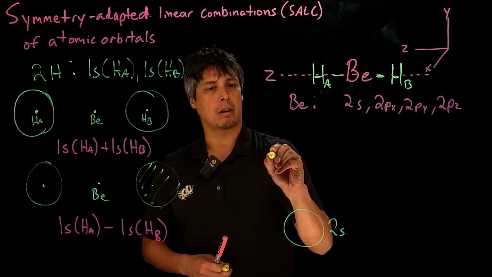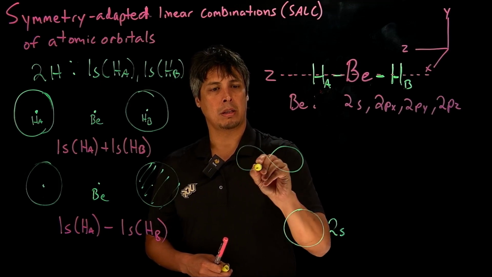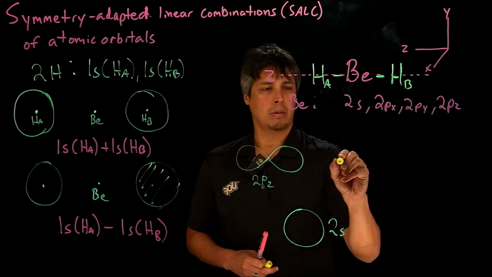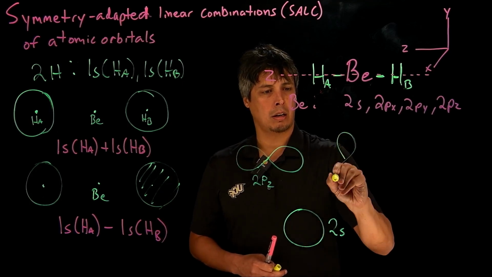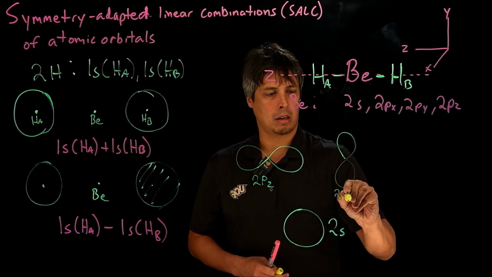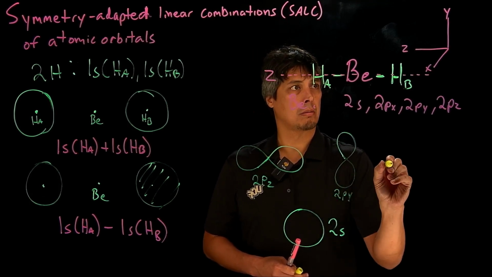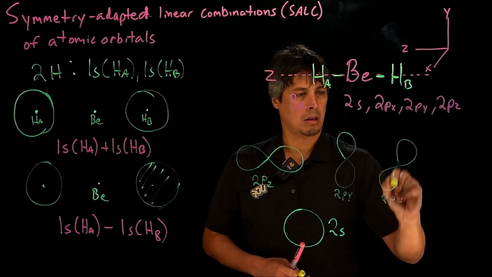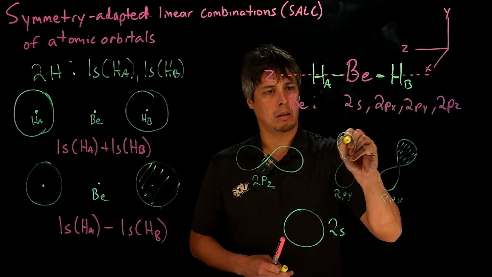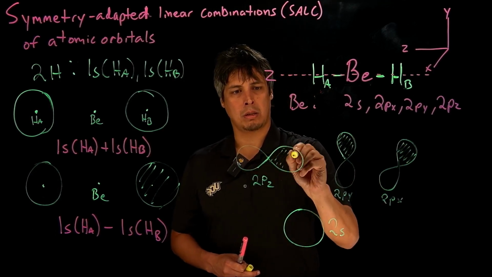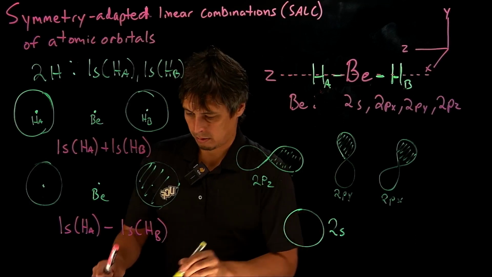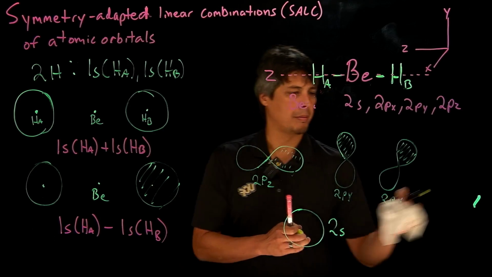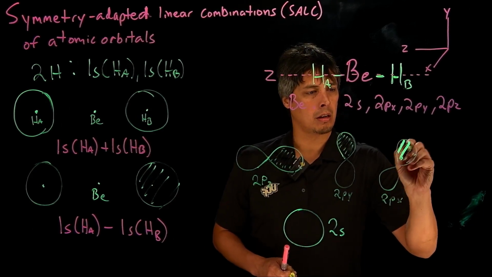And then we're going to have our 2pz, we have our 2py, and we have our 2px. Right. And then there are phases associated with these lobes. Okay.